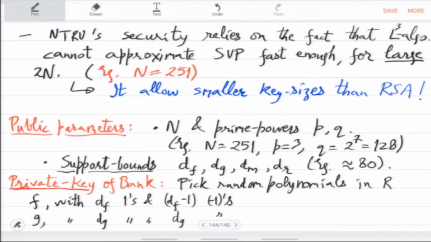In particular note that f at 1 is 1 while g at 1 is 0. Okay, so this is private, and so f and g are polynomials where coefficients are 0, 1 or minus 1. Okay, so these are ternary polynomials.